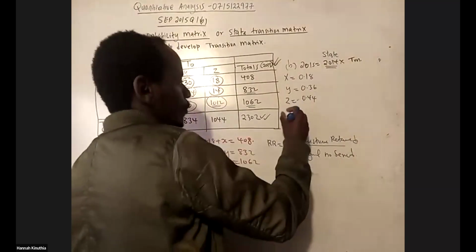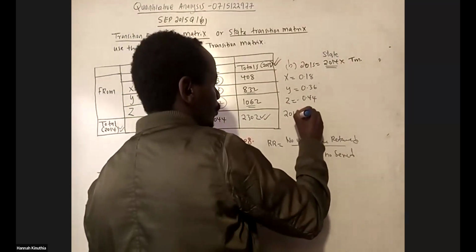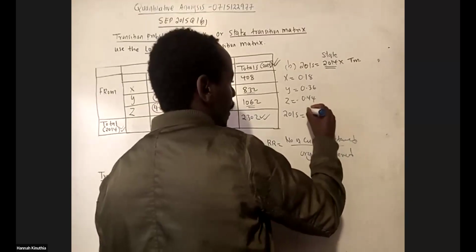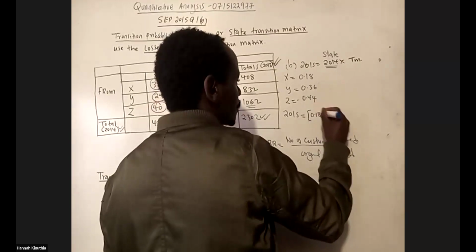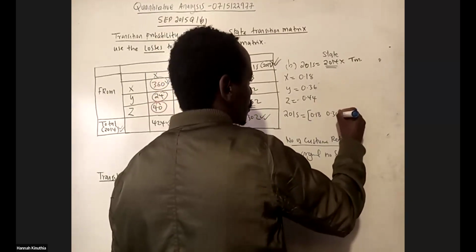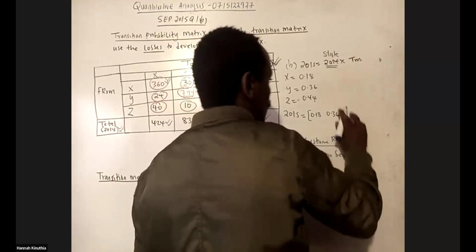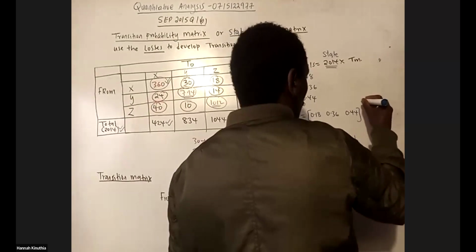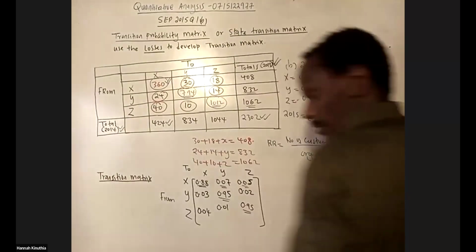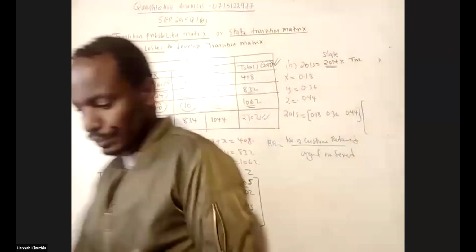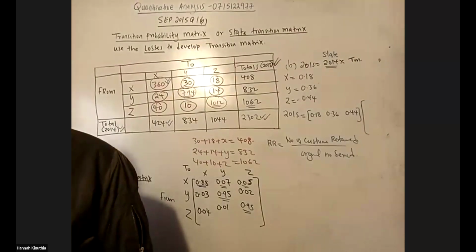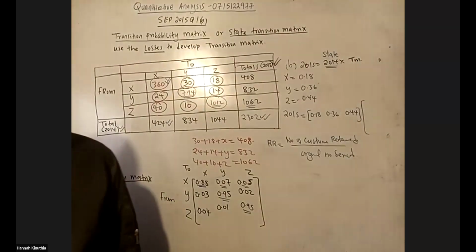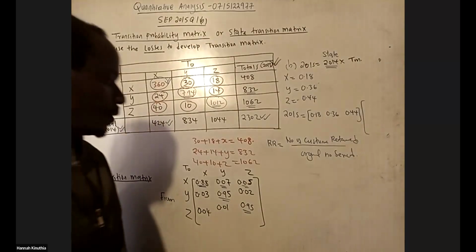So tunaweza sema 2015 will be equal to 0.18, 0.36, 0.44. Then you need to multiply with our transition matrix. Itatosha hapo kweli? Let me wacha nivute hapa.